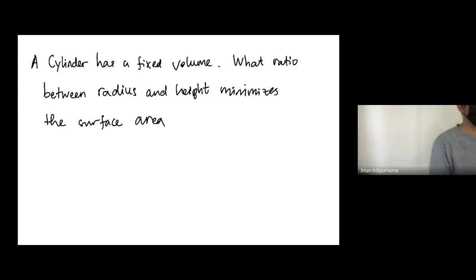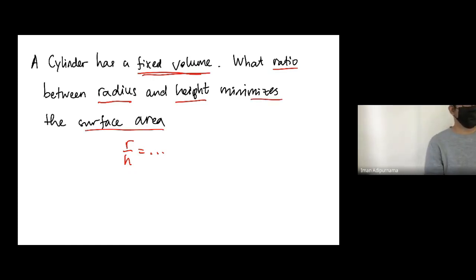So you need to write the ratio between radius and height, R over H, when the cylinder has a fixed volume and it minimizes the surface area. It's minimized.